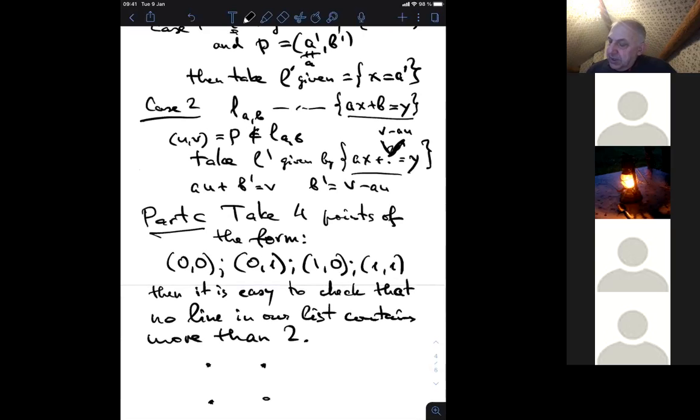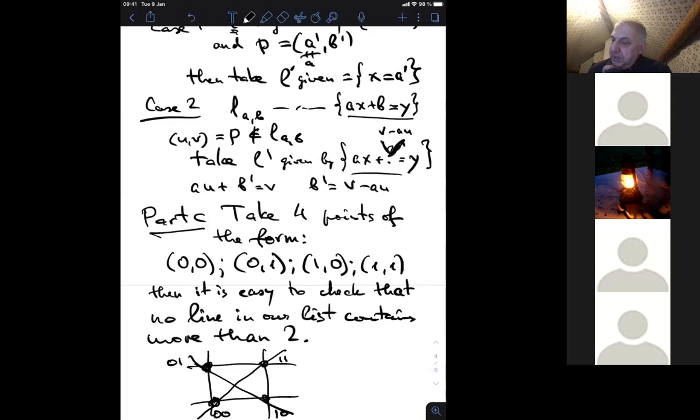So all interesting lines which contain at least 2 of them will be those guys. These will be the lines containing 2 of them. There will be exactly 6 of them. And the rest of the lines would contain 1 or no points among those.